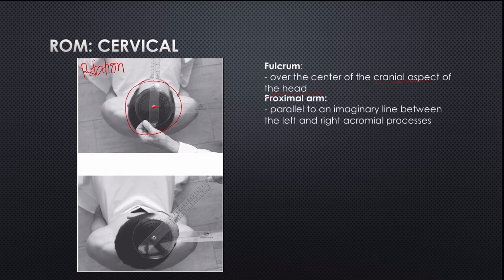Proximal arm, an imaginary line between the left and right acromial processes. So again, the acromion process is the tip of the shoulder over here. Just simply make an imaginary line here, targeting both acromion processes. So that's the position of your proximal arm. Then the distal arm, the tip of the nose.